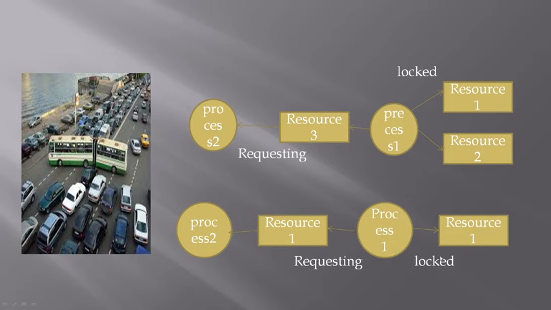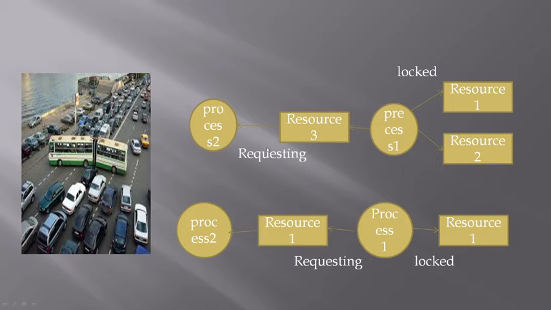Here there is a condition where process 1 is locked by resource 1 and resource 2 is locked by process 1, and again it requests the next resource 3. Resource 3 is granted to process 2.